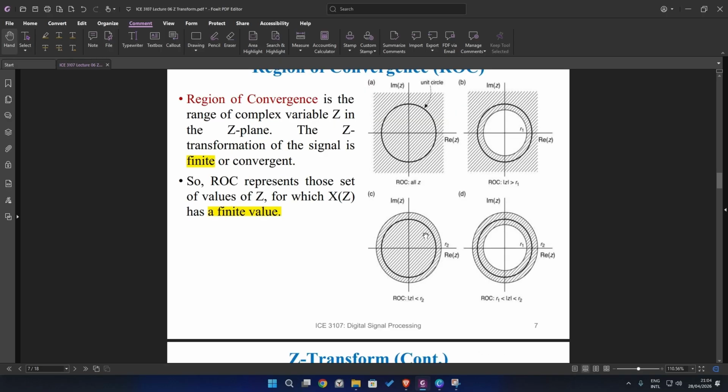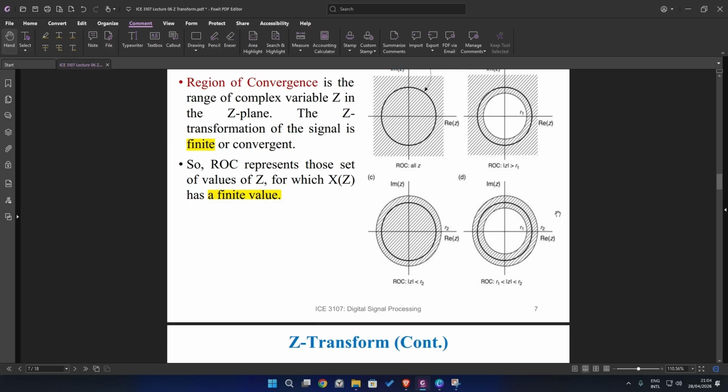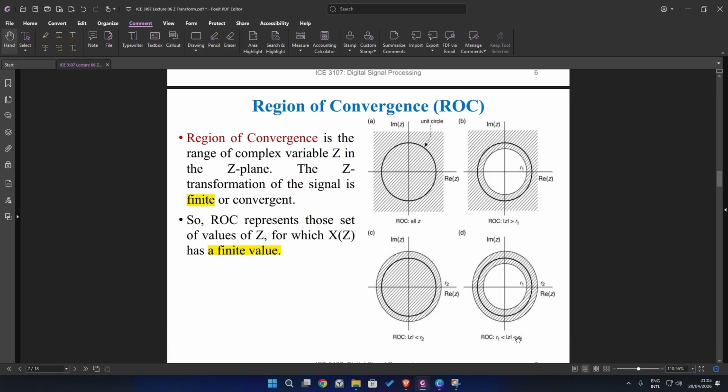In the third graph, we can see there is a circle of radius R2, and inside the circle we are seeing the unit circle. So the ROC will be |z| less than R2. And in the last graph we are seeing two circles, and between the two circles we are seeing the unit circle, and this middle part is highlighted. So the ROC will be greater than R1 and less than R2. These are the types of ROC we can find in later topics.